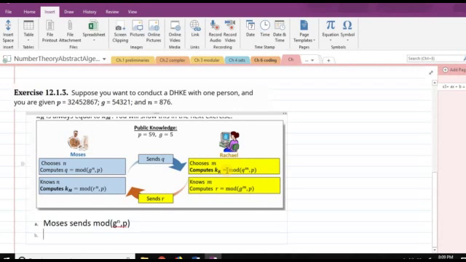All right, now for part B, what you want is, so Moses is sent... what's the number he sent? Some strange number. And that's what's given in the problem, right? Well, wait a minute.